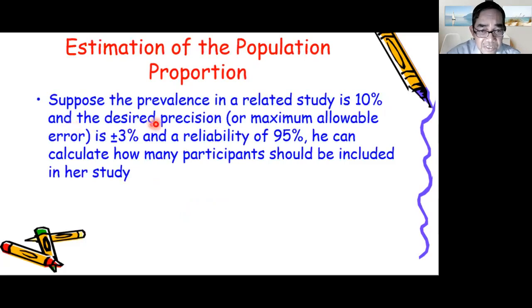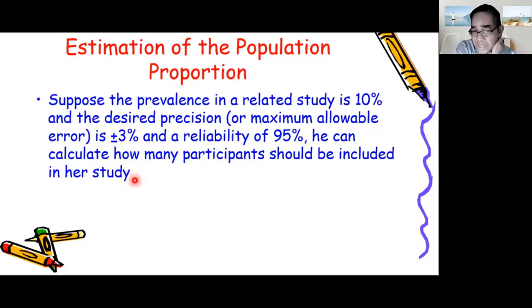Suppose the prevalence in a related study is 10%, and of course, again, you need to provide an author to say where you got the 10%, and the desired precision or the maximum allowable error is plus or minus 3%, and a reliability of 95%, he can calculate how many participants will be included in the study.